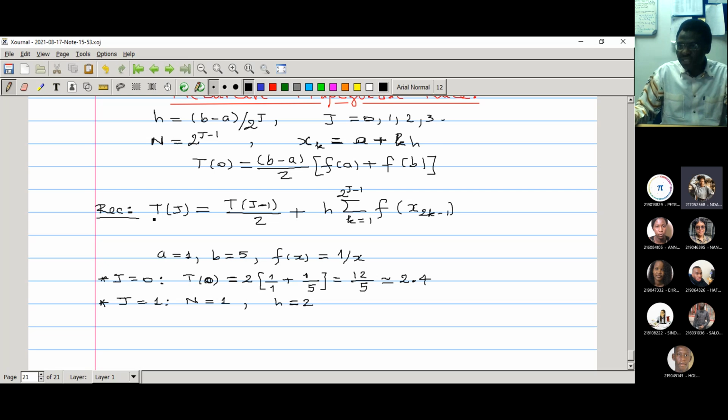This is the formula we are using. Because we know already T0, so we will substitute. So for this one, we use T0, which we have just computed. We need to compute H. This is our N, which is 1.